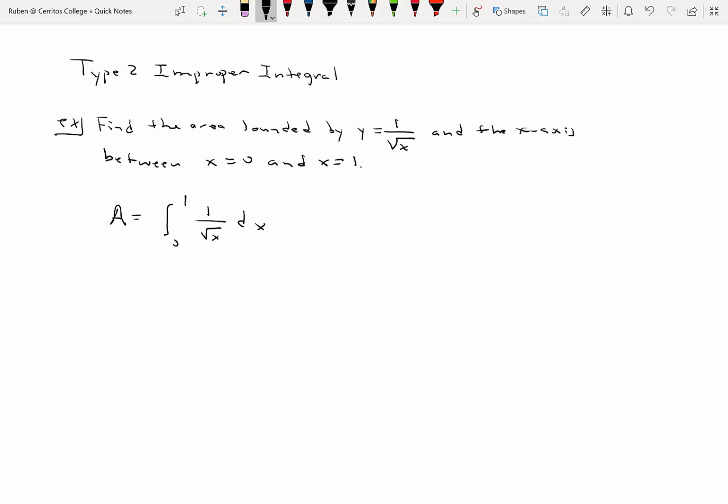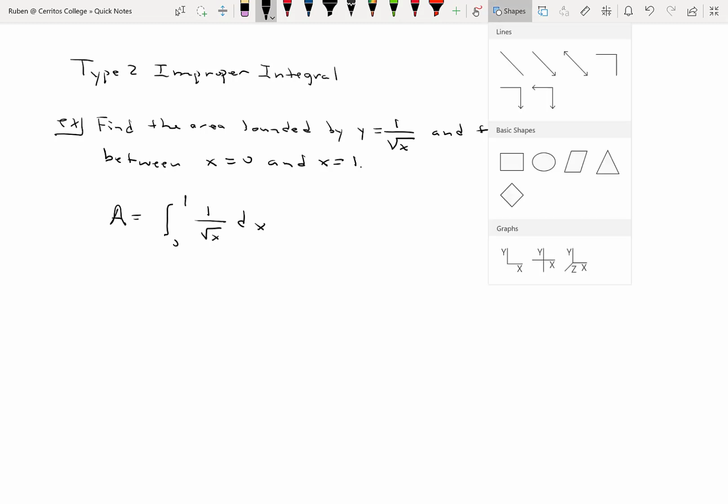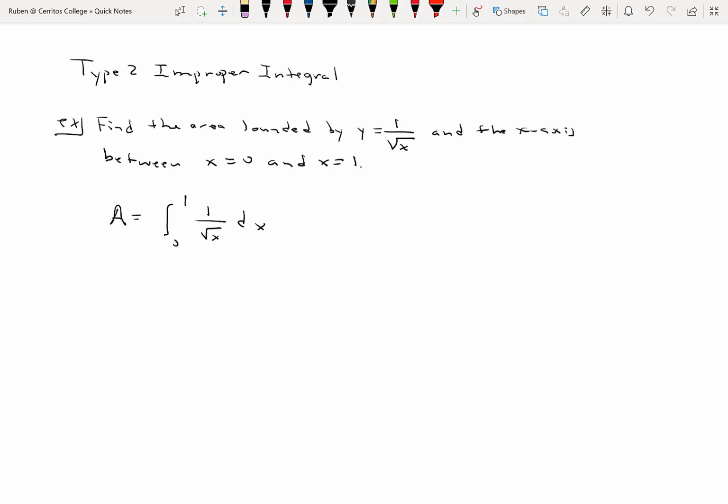To see why, let's take a look at the graph of the function. It's another really common pre-calc type of graph, looking sort of like the graph of 1 over x or 1 over x squared. This is the graph of y equals 1 over the square root of x. Since its domain is only positive real numbers, we only get a graph in the first quadrant.